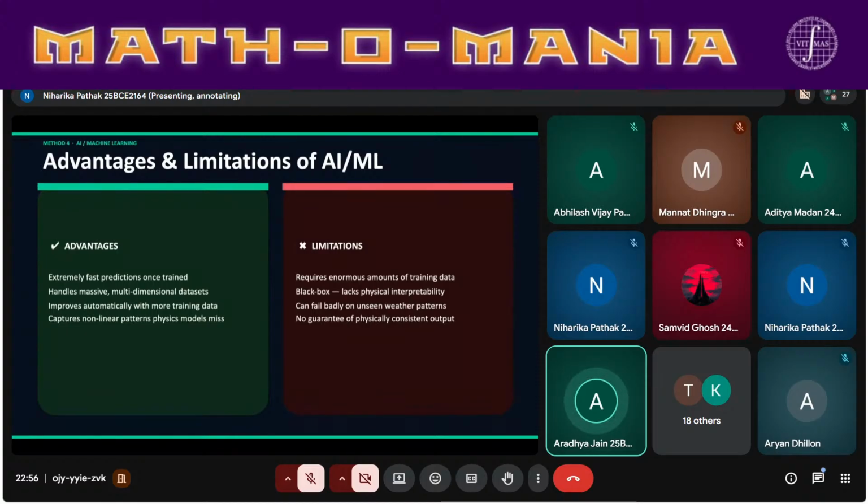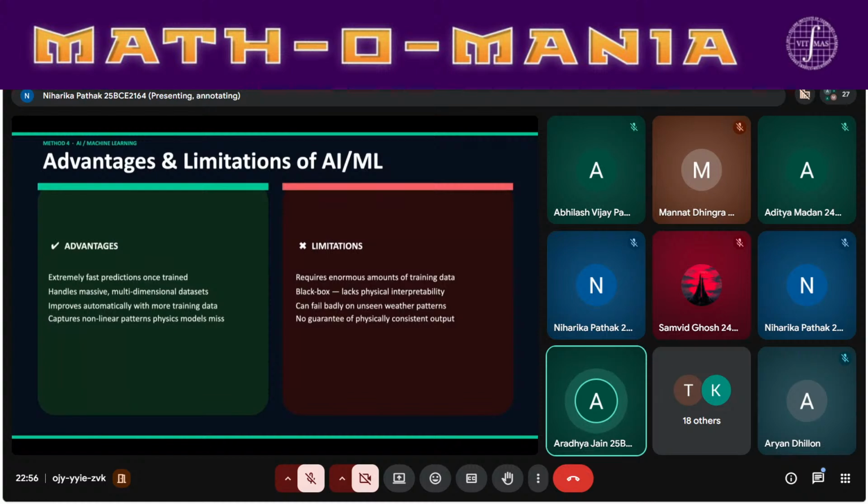Since we created everything in matrices and vectors, it helps reduce those complex multi-dimensional equations we had earlier, so we can break them down and find the results pretty easily. It also improves automatically with more training data, as I said earlier. Due to gradient descent, it improves itself and then gives us more accurate results.